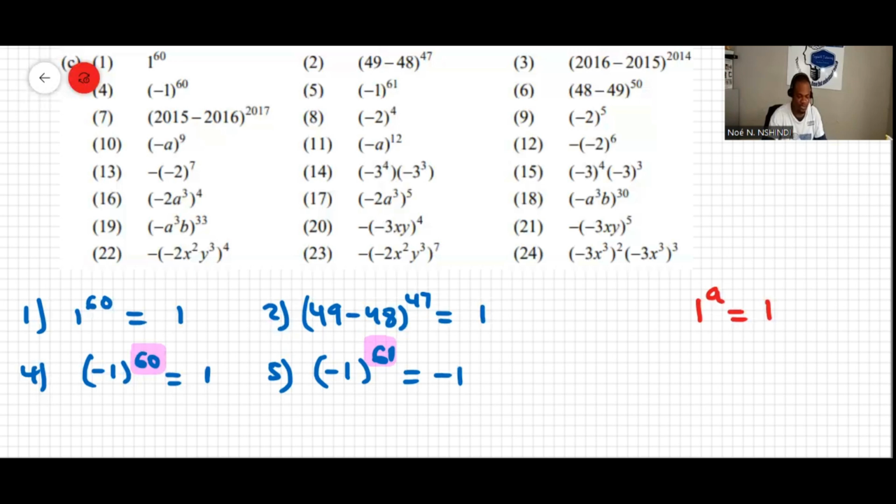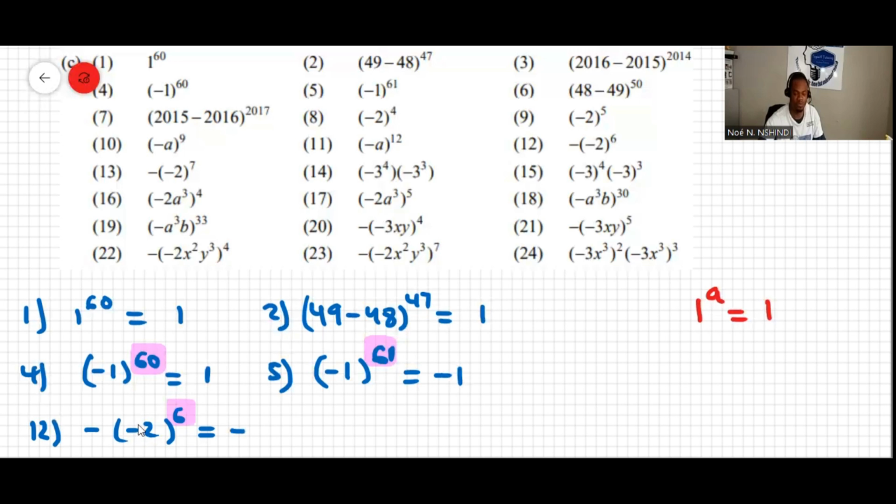Okay, let's do question 12. Question 12 says negative, and negative 2 to the power of 6. Here the exponent 6 is an even number. Therefore, the answer will be positive. The negative sign is there already, and what is within the bracket is positive.